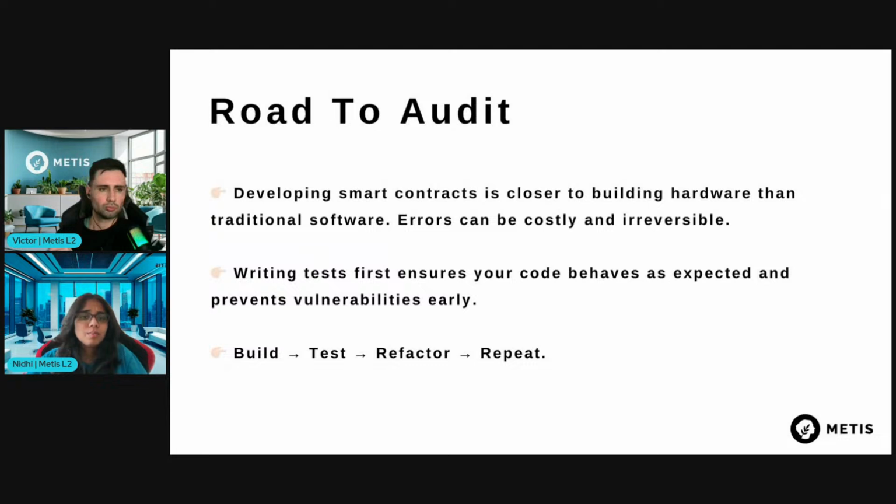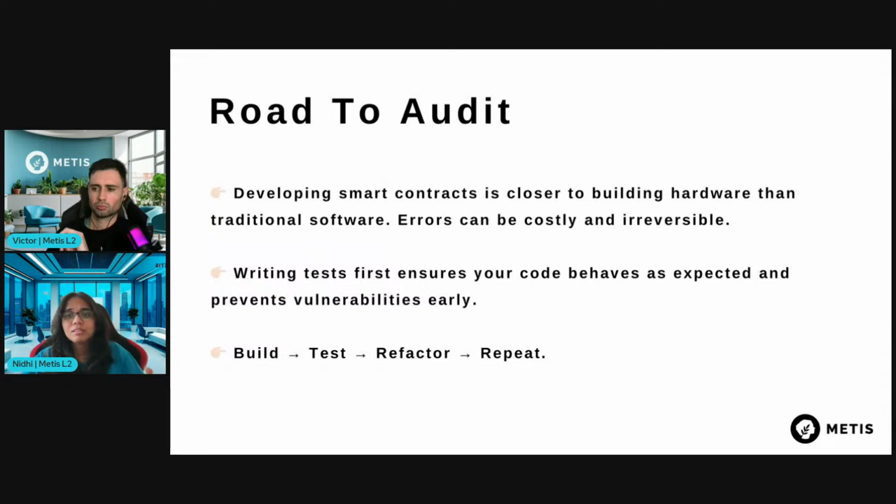Okay, so let's see the road to the audit. Honestly, the road to auditing your smart contract is a bit different from traditional software development. Think of it this way: developing a smart contract is more like designing hardware than writing typical software, right?